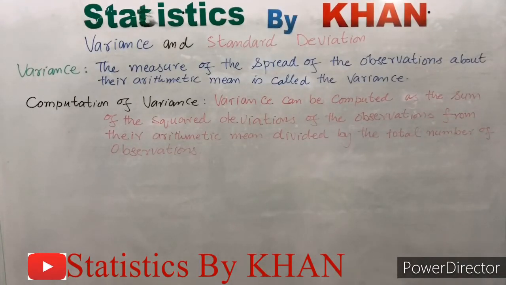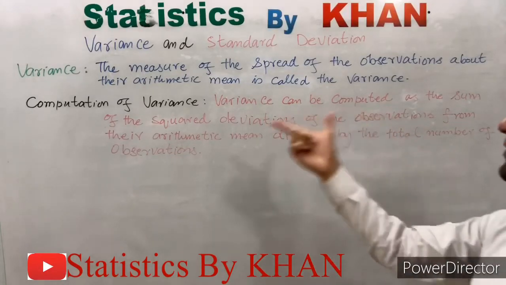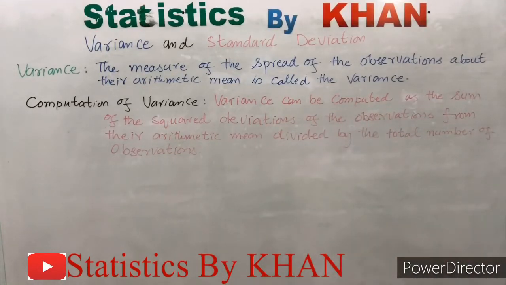The subtraction of two numbers, or the distance of two numbers, is called deviation. When we subtract the arithmetic mean of a data set from each of its observations, we get deviations. And when we square those deviations, then sum them all and divide that total by n, we get the variance. So this is the simple mechanism.